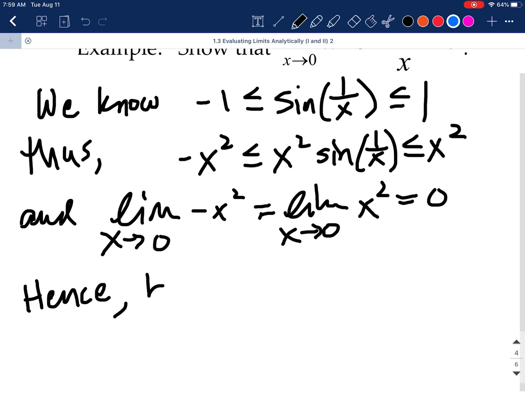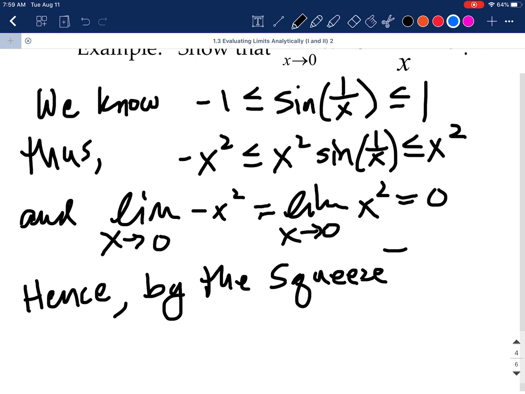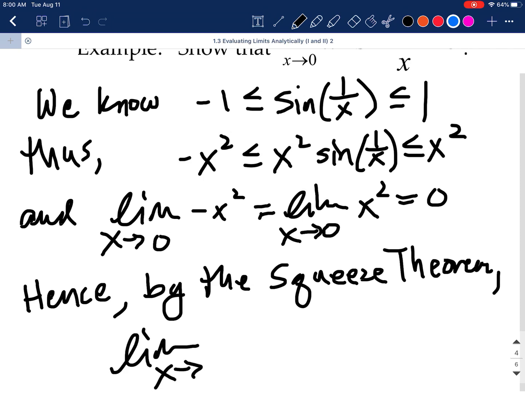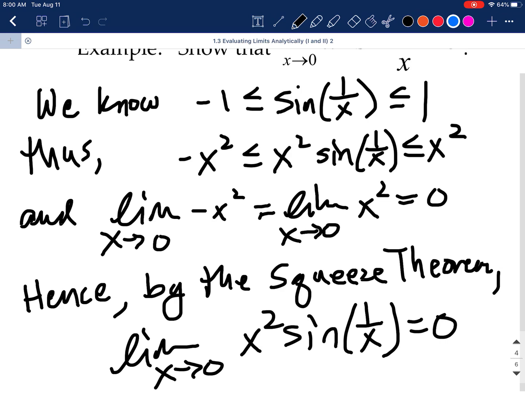Hence, by the squeeze theorem or the sandwich theorem, whatever you want to call it, the limit as x approaches 0 of x squared sine 1 over x is also equal to 0.